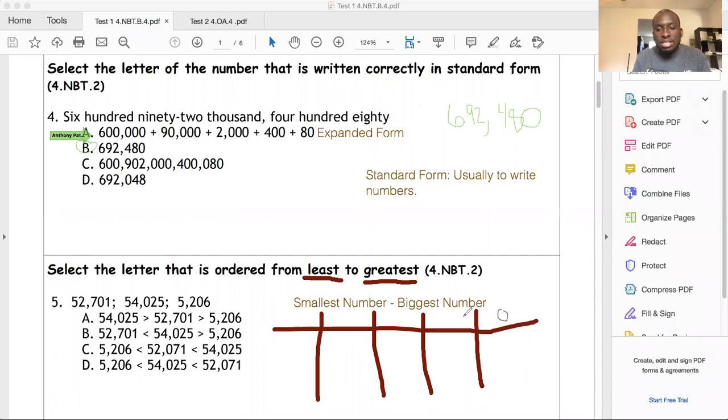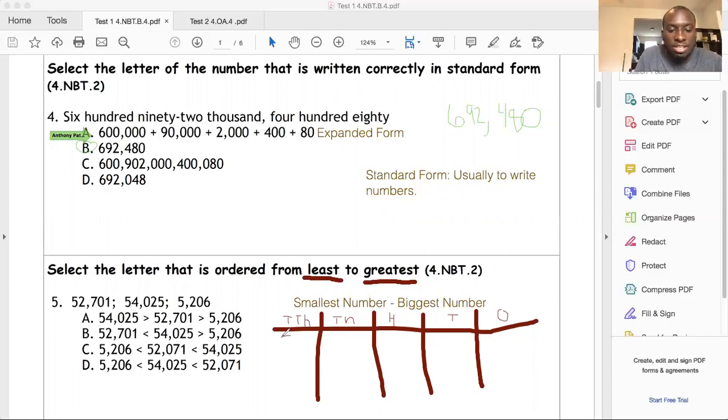This is my ones, tens, hundreds, thousands, 10,000s. And I'm just going to write my numbers as I see them.